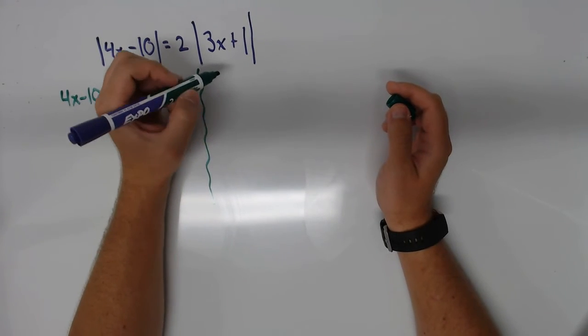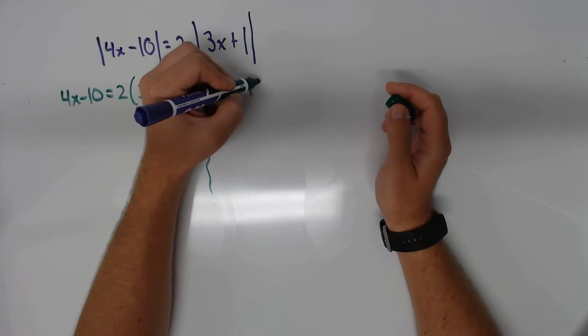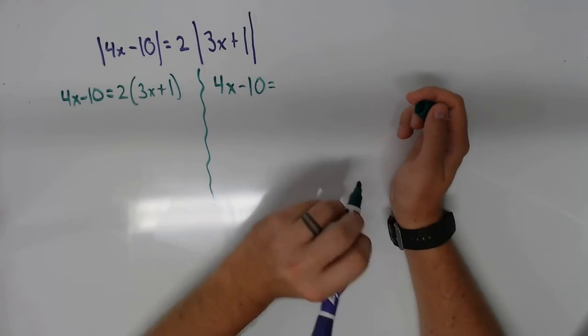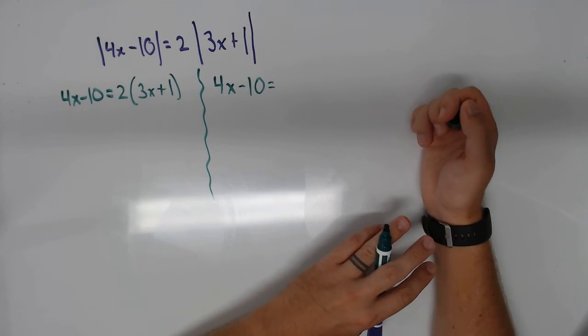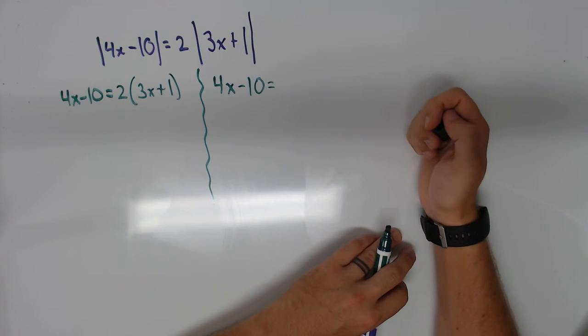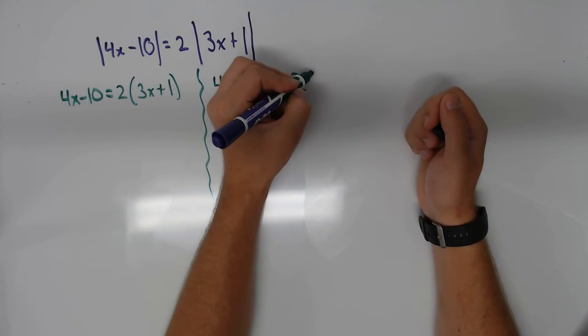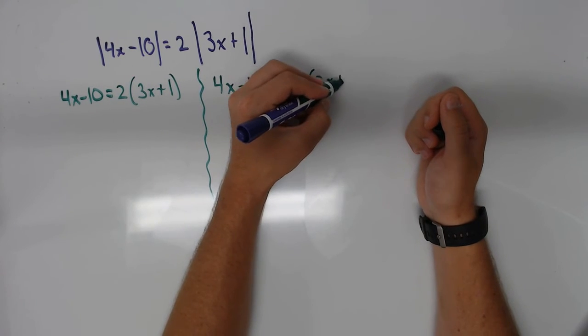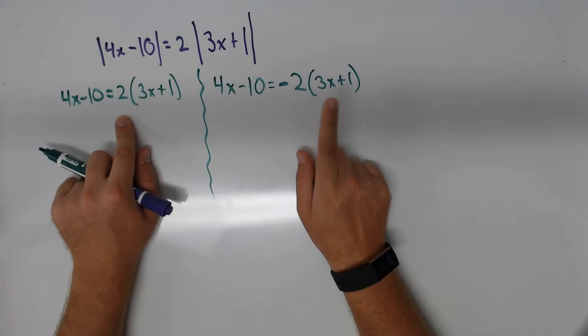Remember when I called it a special pair of parentheses? That's because for math purposes, it acts like a pair of parentheses, just we can't distribute into it. But now that we're doing our step to break up the absolute values, we can. So now I'm going to put a negative 2, 3x plus 1. So this side's the positive side, this side's the negative side.